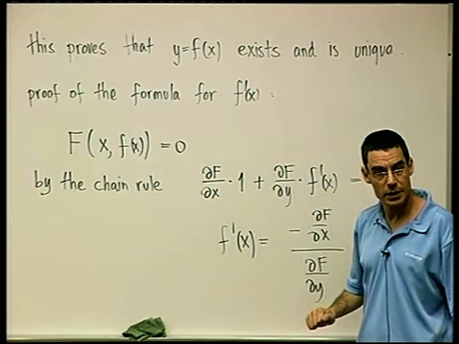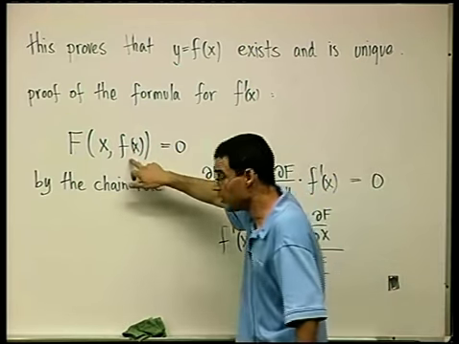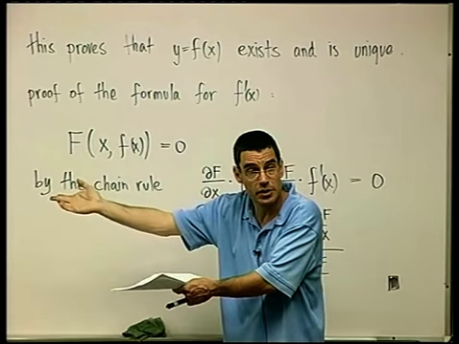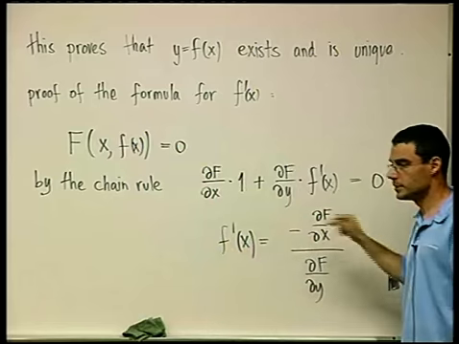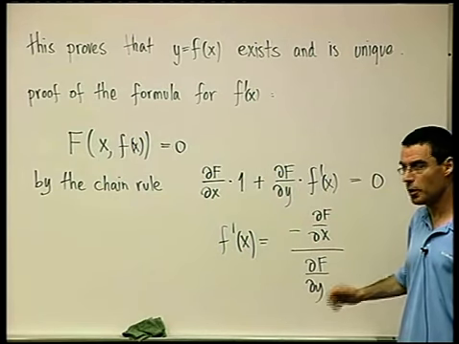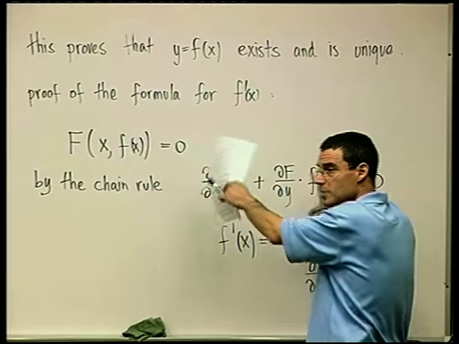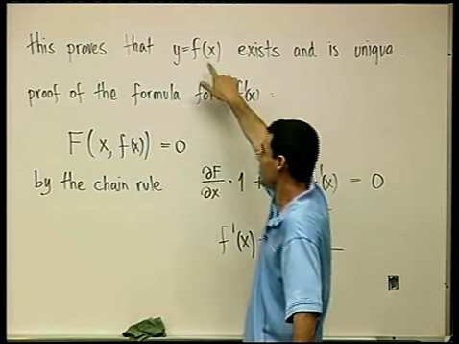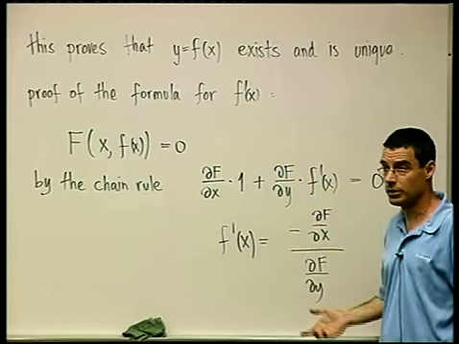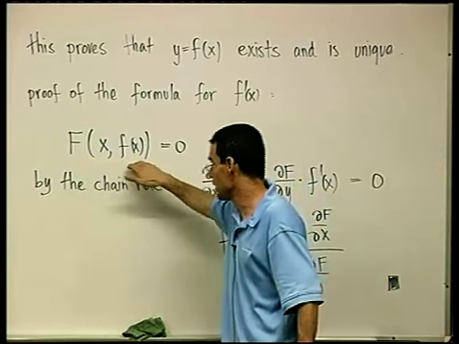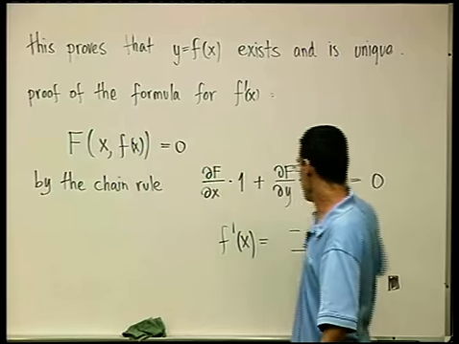Do you agree? So even if you found little f of x explicitly, for example, or in any other way, this formula would hold. This part of the proof does not say that only if you found little f of x using the arguments that we had before, then this applies. No. If you have f of x, you can write this and then do the chain rule. That's it.